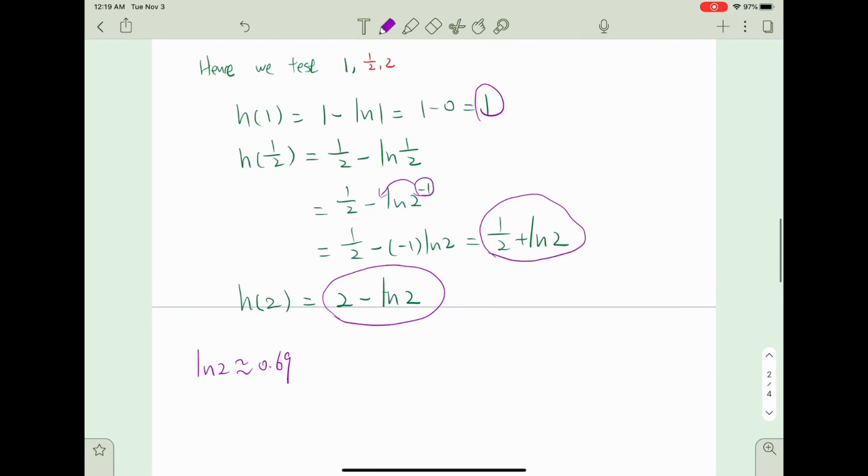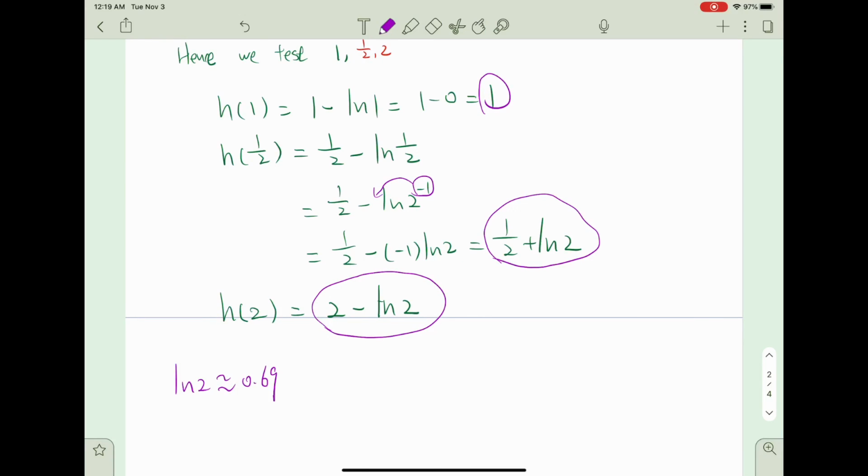So we see that this value here is greater than 1, less than 2, about 1.19, and this value is approximately 1.31, right?